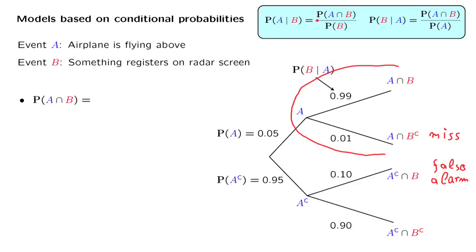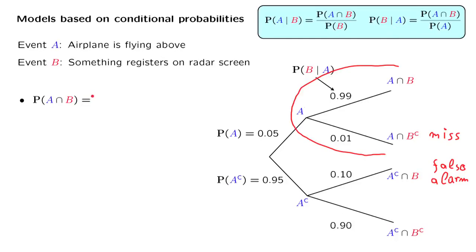What can we do? Well, we notice that we can use this definition of conditional probabilities, but use it in the reverse direction, interchanging the roles of A and B. If we interchange the roles of A and B, our definition leads to the following expression. The conditional probability of B given A is the probability that both events occur divided by the probability, again, of the conditioning event.